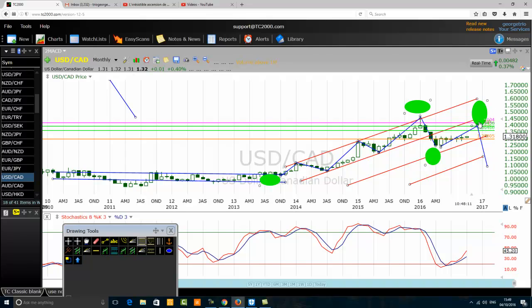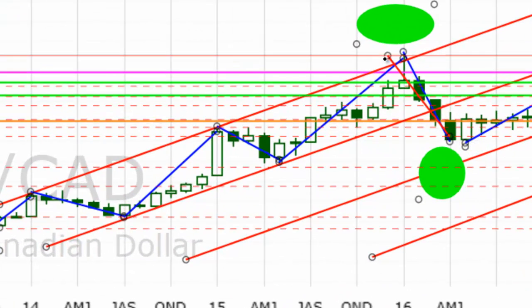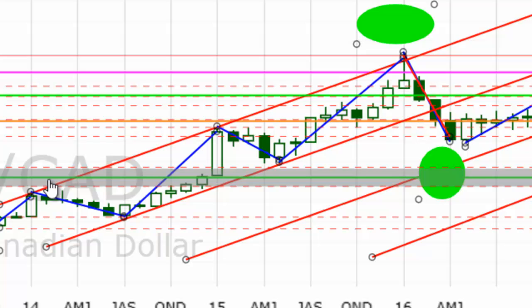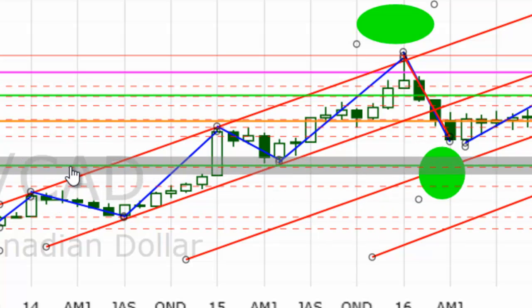if they manage to sell it successfully and price starts going down, we can forecast that the USD CAD, the US dollar Canadian dollar currency pair, has a high chance to go down to the 138.2% and the 161.8% Fibonacci extension levels. So I'm going to highlight the 138.2%. I'm moving my green line.